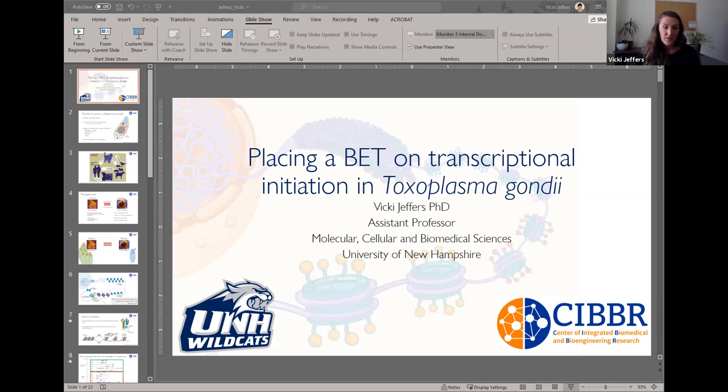But the nice thing about Toxo, compared to some of its cousins, is that it's relatively easy to culture in the lab. It's not fussy, since it can invade pretty much any cell. We can grow it very easily in the lab. And thankfully, its haploid genome makes it very easy to genetically manipulate. So Toxo, for a long time, has been considered kind of the model organism for this nefarious bunch of organisms in the apicomplexan phylum.